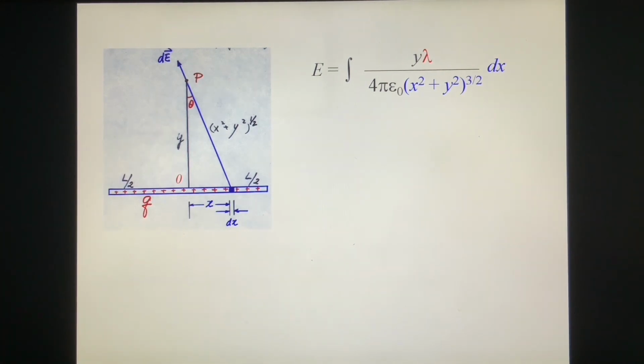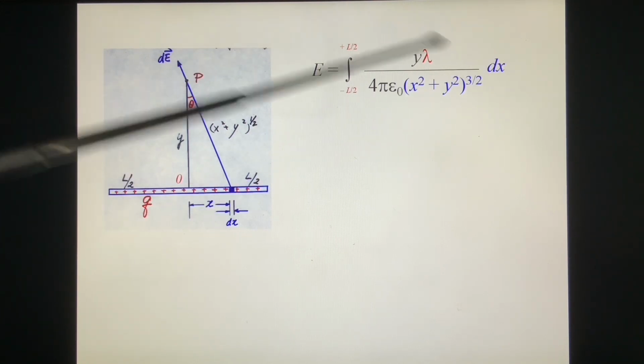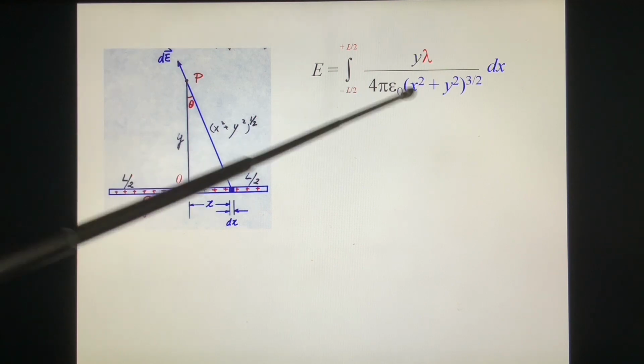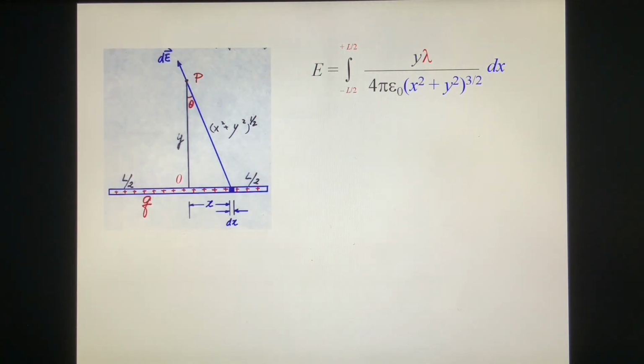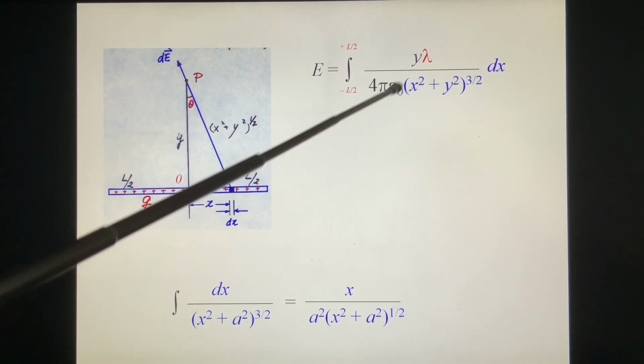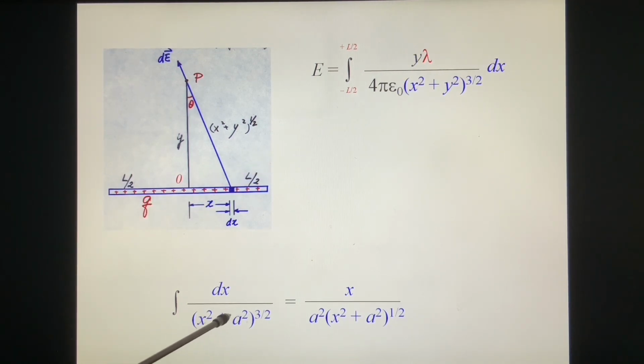We check the integration table. The integration is over x from minus half L to positive half L. In the table, we find the integral of dx over (x squared plus a squared) to the power of 3 halves is equal to x over a squared times the square root of x squared plus a squared.